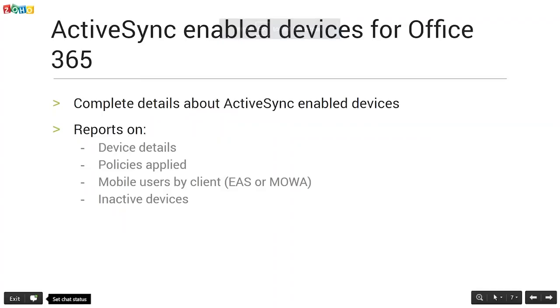Now that we've seen how you can track mailbox sizes using Exchange Reporter Plus, we are going to look at how you can get information about active sync enabled devices for Office 365 using this product. You have to agree that it is pretty tiresome to manage the large number of mobile devices associated with your organization.